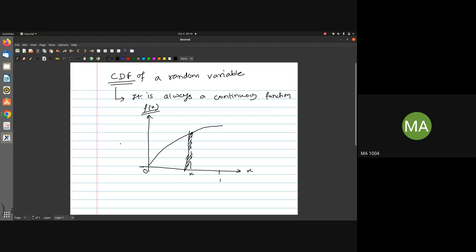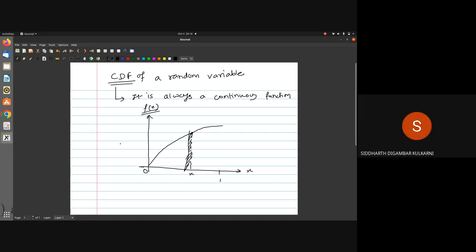Continuous function means there is no break. What does that mean? When I want to find any value, we generally find it in a certain interval, right? At a point we are not able to, because at a point it is not differentiable, right? We can, but then take two points.